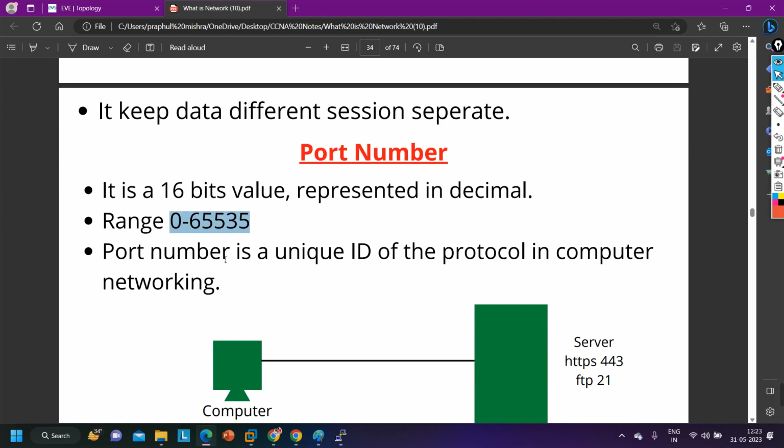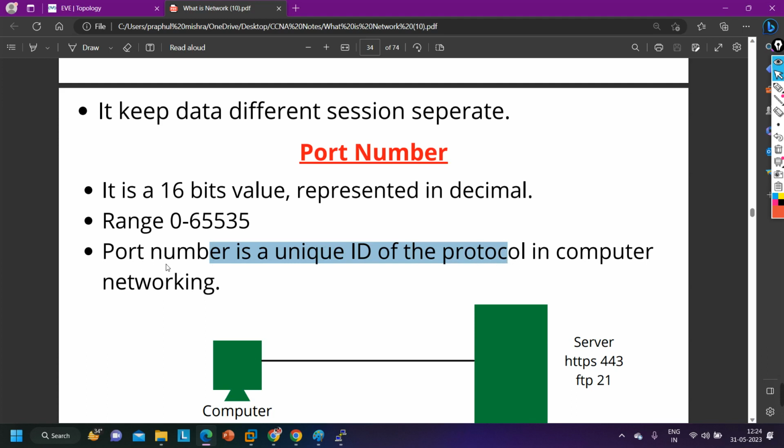Port number is a unique ID of a protocol in computer networking. Each application layer protocol, or any protocol which works above the network layer, will have one protocol port number. Getting my point?